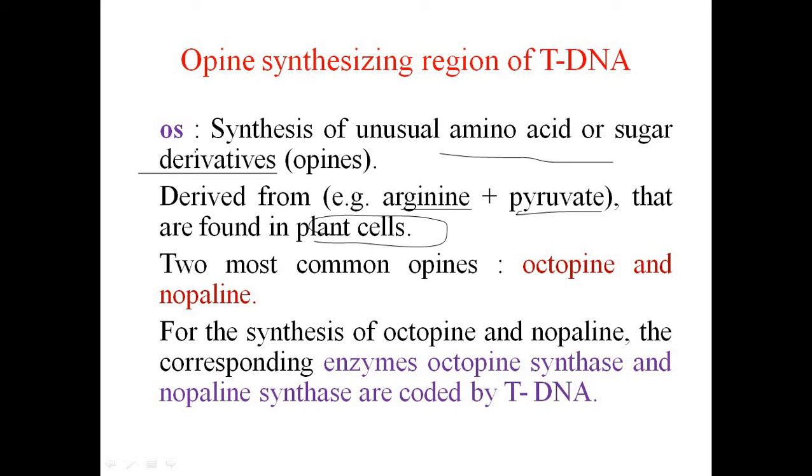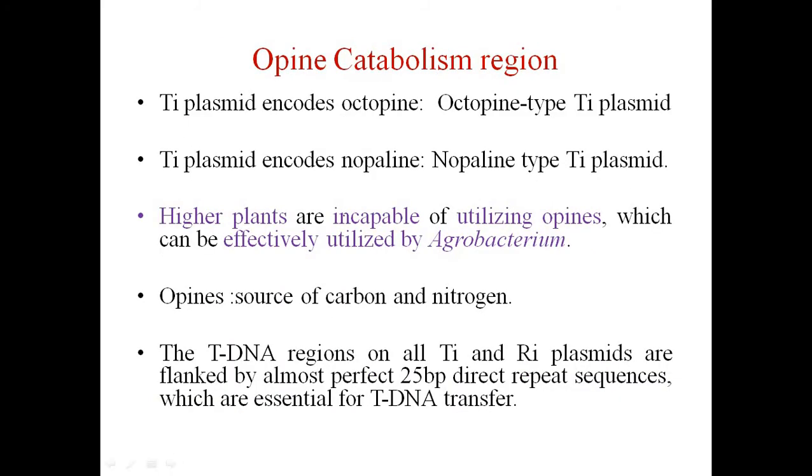Along with this, the OS region corresponds to enzymes like octopine synthase and nopaline synthase, which are coded by the T-DNA. Then the opine catabolism region.